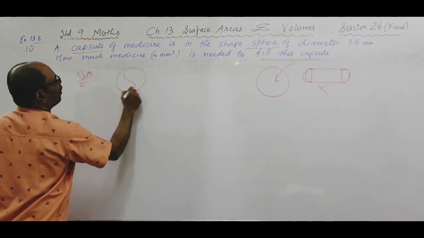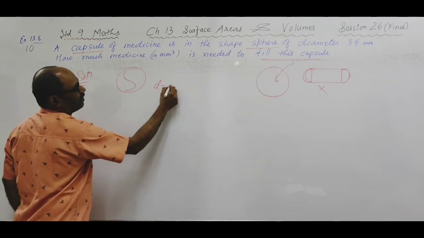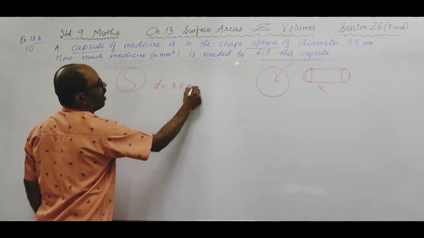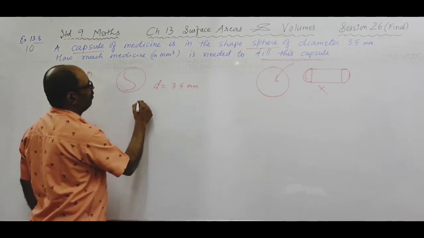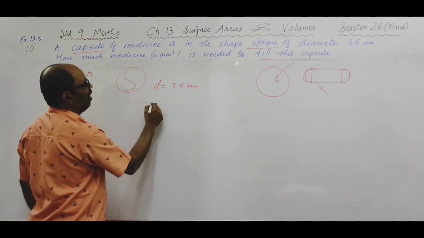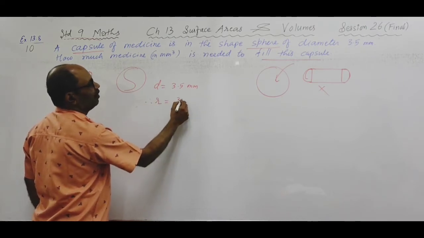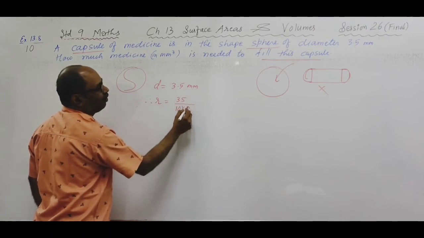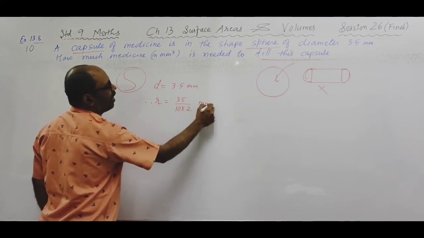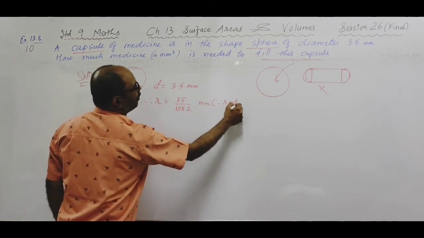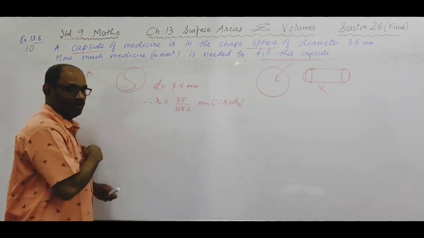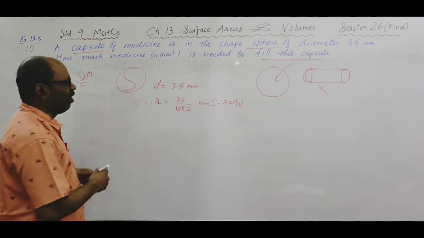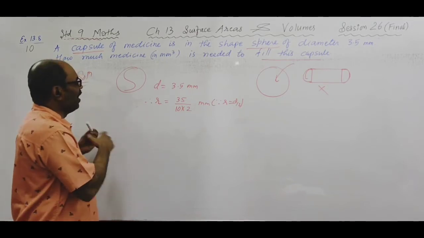I'll draw the figure for capsule. Its diameter is given, which is 3.5 mm. बोलिए. Therefore, radius will be what? 35 upon 10 और upon 2 कर दूं तो वो रेडियस हो गया, because radius is equal to d by 2. Okay, now you have to find the volume. बोलिए.